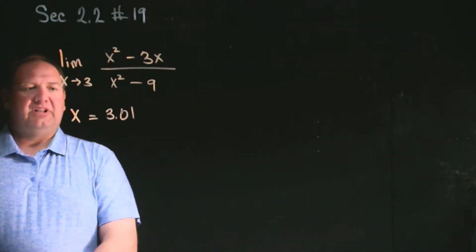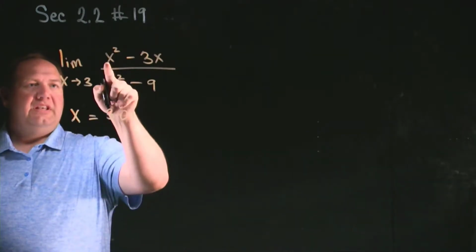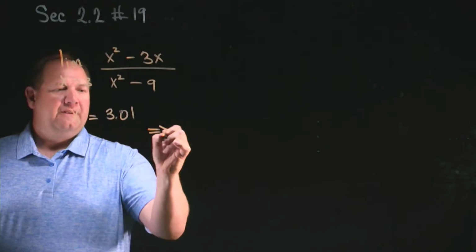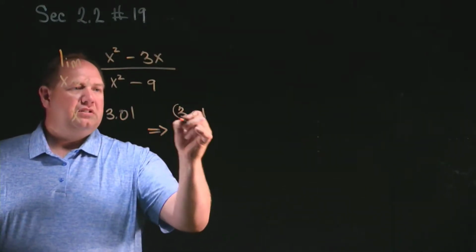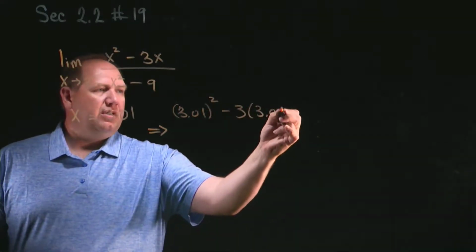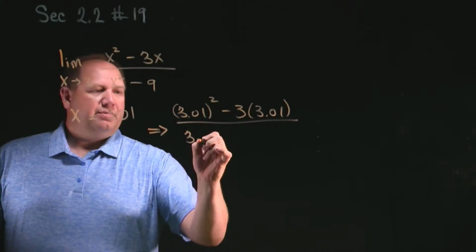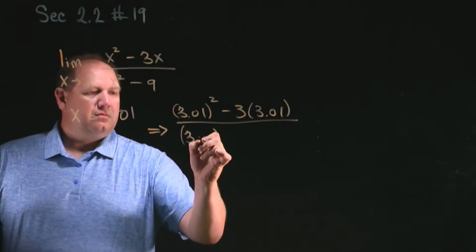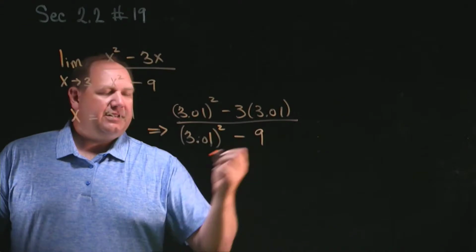So when I plug in x is equal to 3.01 into this function, I get 3.01 squared minus 3 times 3.01 all divided by 3.01 squared minus 9.